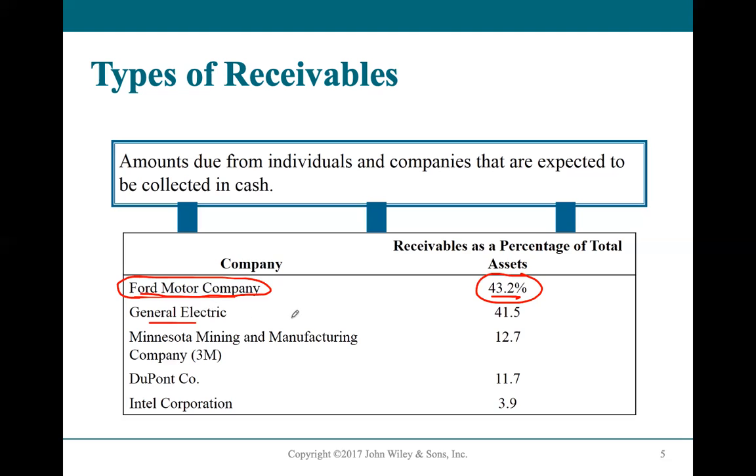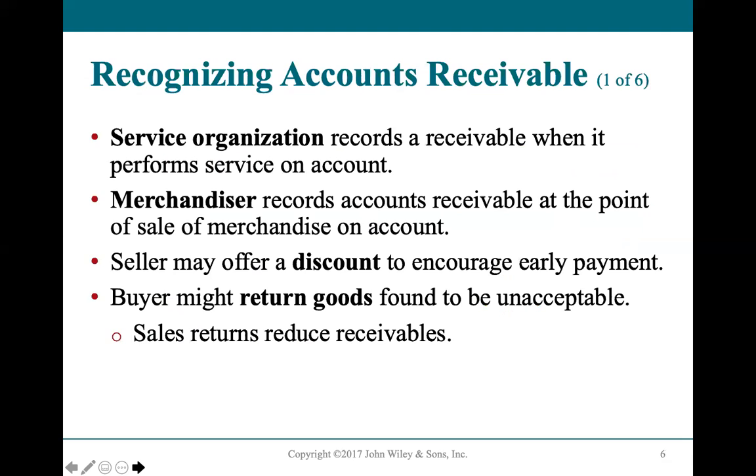So that's basically how those types of work. But again, these are amounts due from companies usually, and they will be turned into cash when they are received. Right? So receivables turn into cash anytime a business sells or works on account.